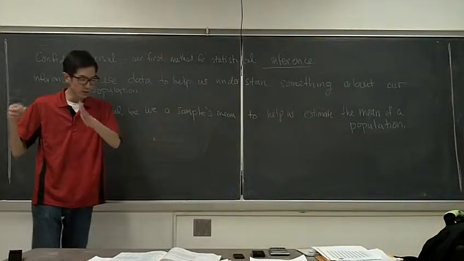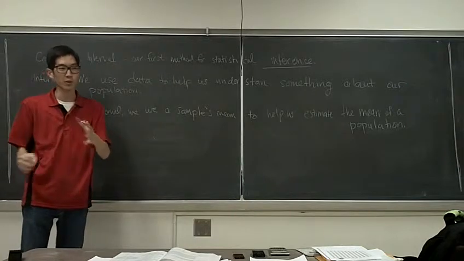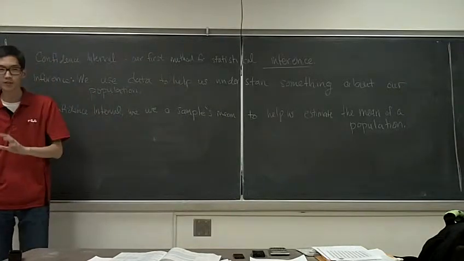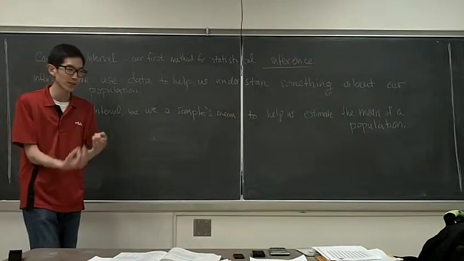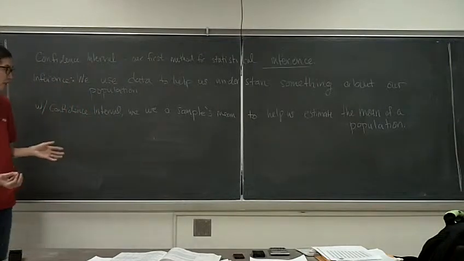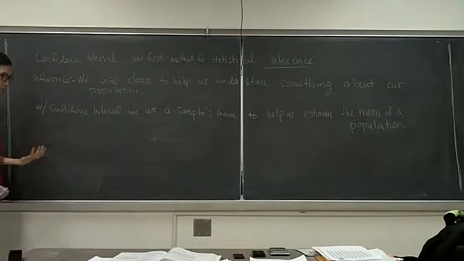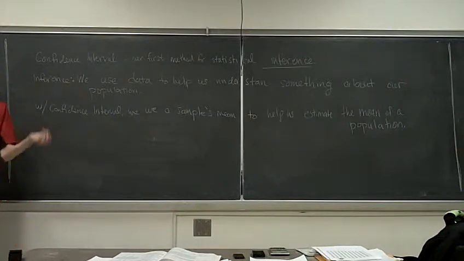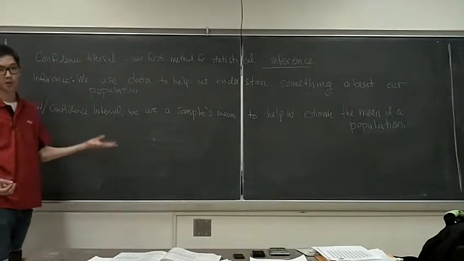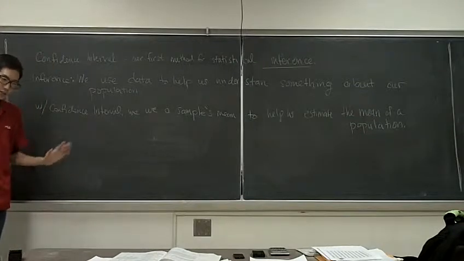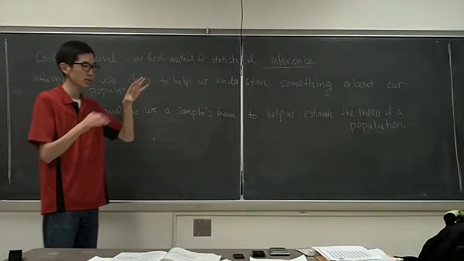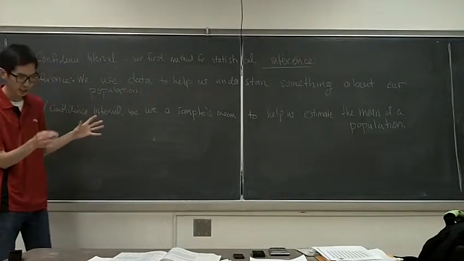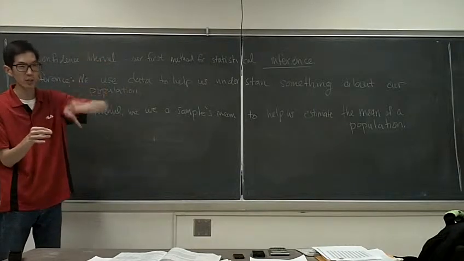Okay. And inference, and basically the first 5 weeks of our course, we've been covering a few different topics. We've talked about just data and describing data, and we talked about some probability, and we talked about some distributions of data, like the binomial distribution and the normal distribution and all of that. Okay, and so it might have seemed a little bit disconnected, or just kind of like, here's a topic, and here's a topic.